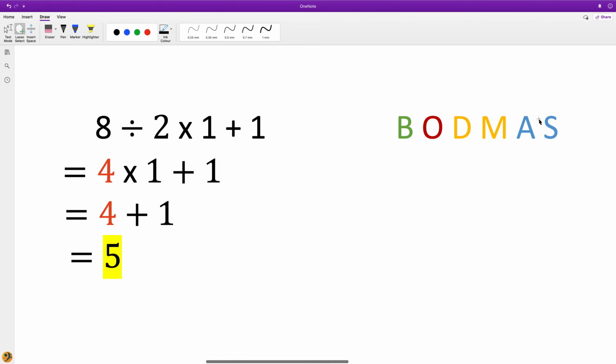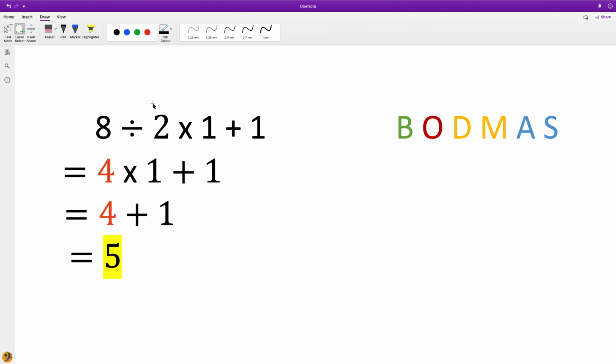Okay, so following our BODMAS rules, we don't have any brackets, so the next highest ranking operand that we have is we have a divide, we have a multiply, and we have an addition. Because the divide and the multiply are the same ranking order, we just go from left to right.